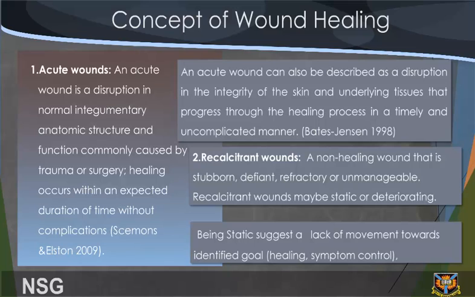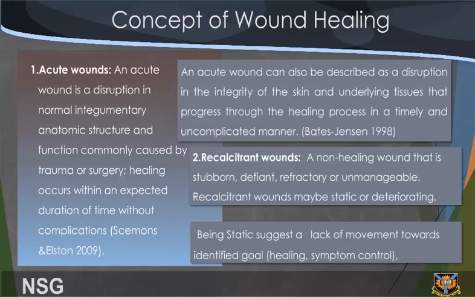(Bates-Jensen, 1998). 2. Recalcitrant wounds. A non-healing wound that is stubborn, defiant, refractory, or unmanageable. Recalcitrant wounds may be static or deteriorating.